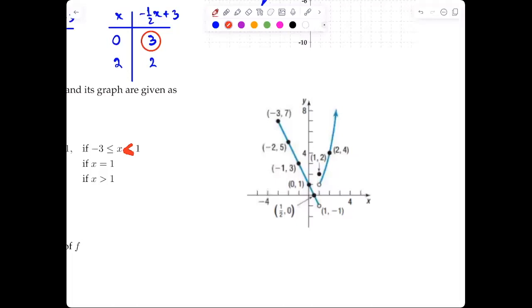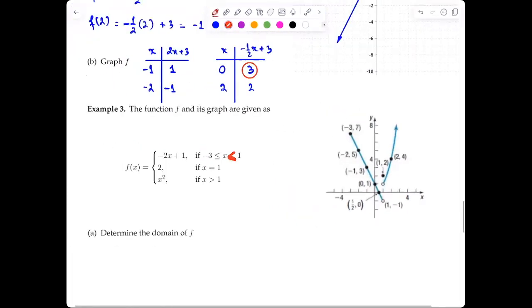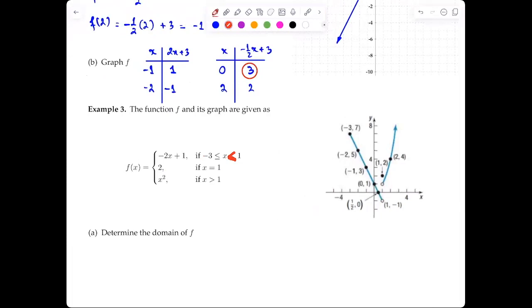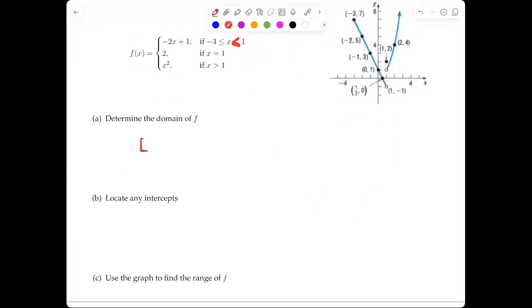Do you understand why that is the case that we go from -3 to positive infinity? Even though, yes, we have 2 holes here at x equal to 1, the function is still defined at x equal to 1. So therefore, you still need to include that. So the domain in this case is from -3 to positive infinity.